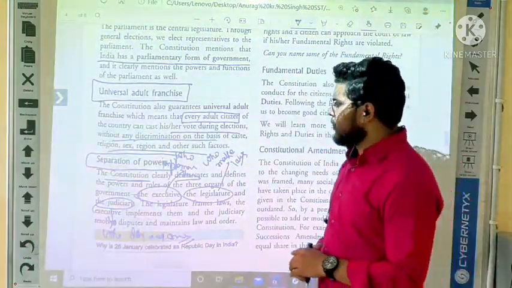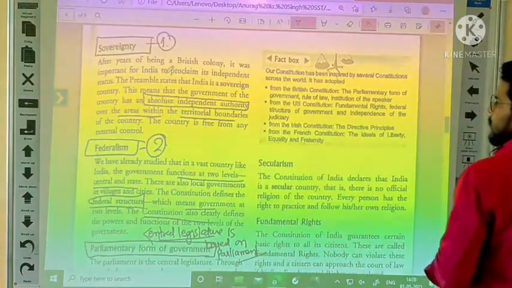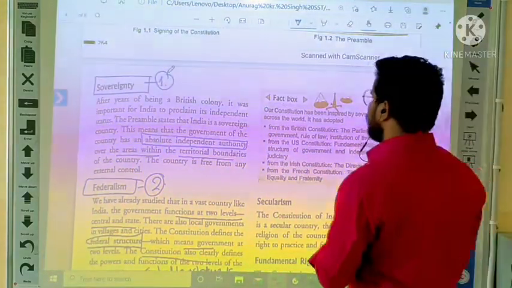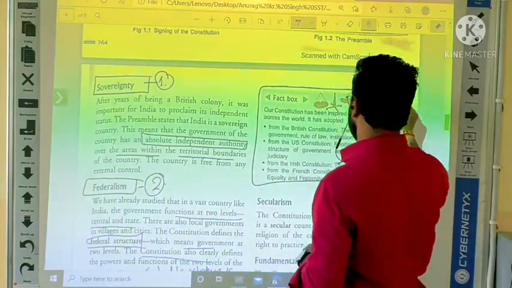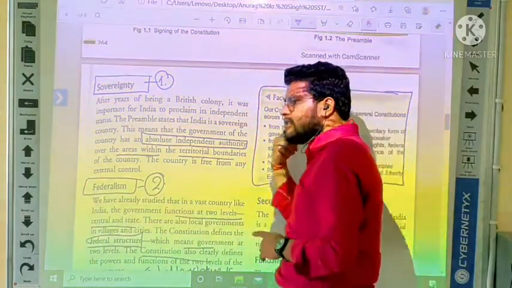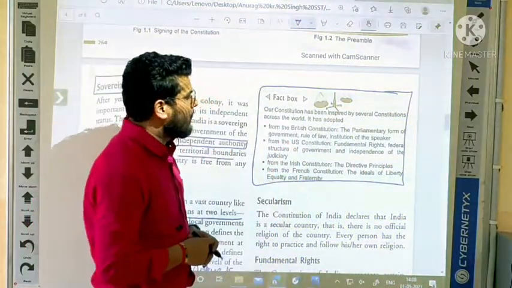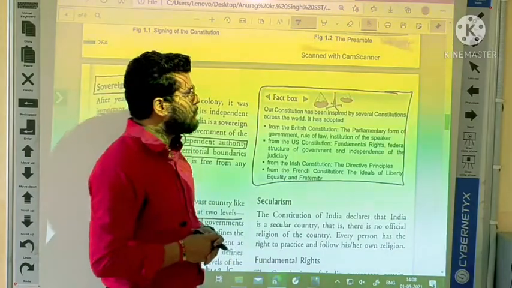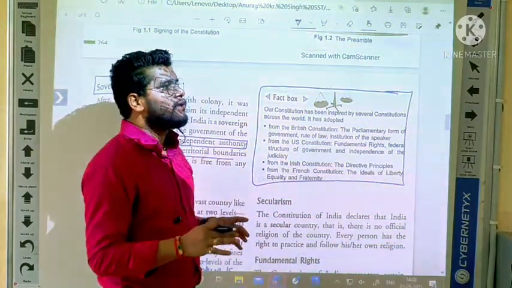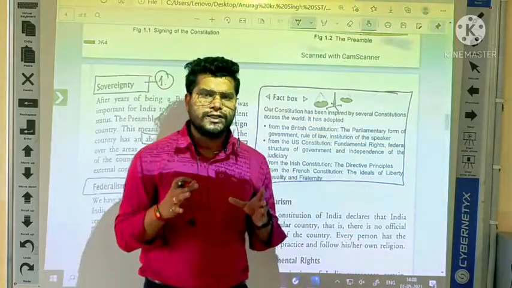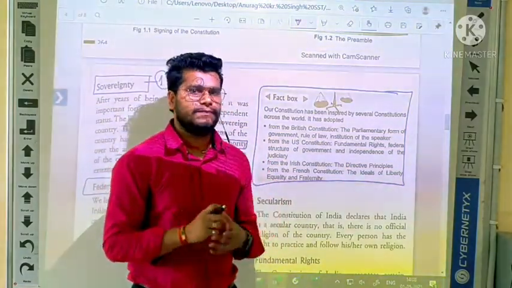So from this, students, we come to this box. This is the fact box. Now let us understand what is in it. Yes. Do you know drafting of the Indian Constitution was not very easy?